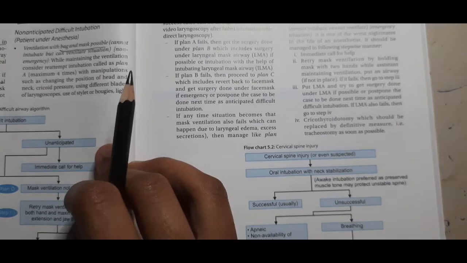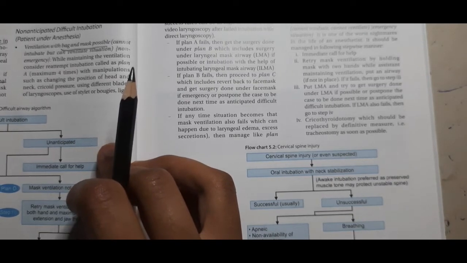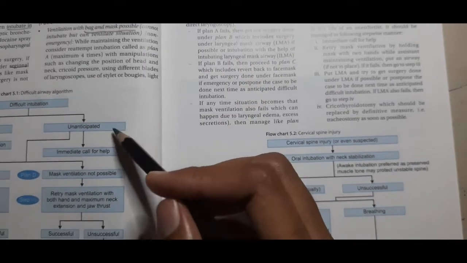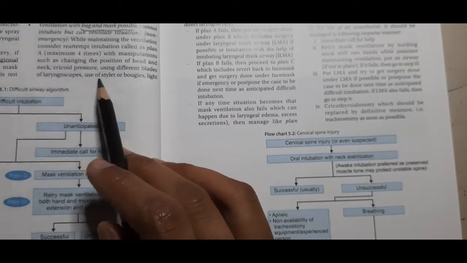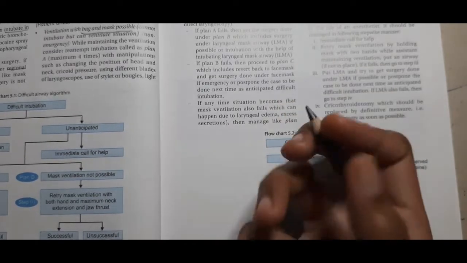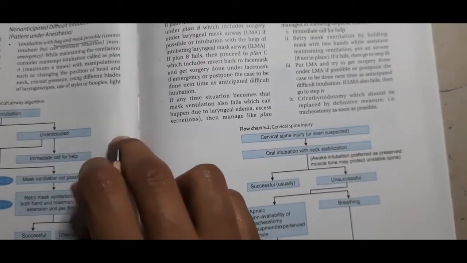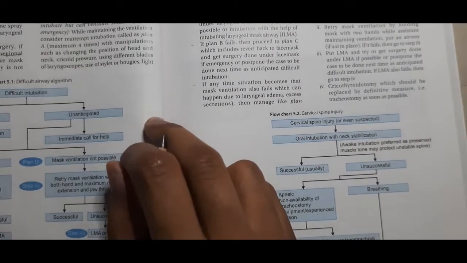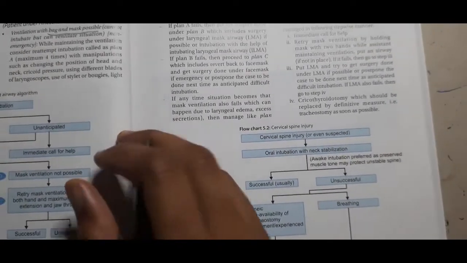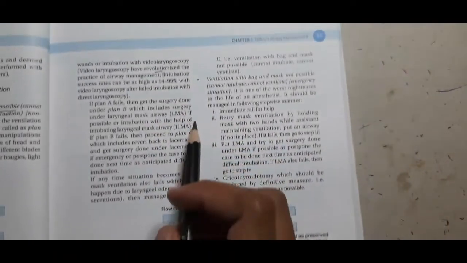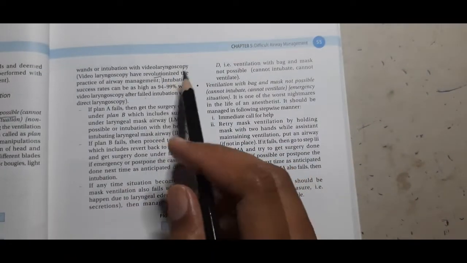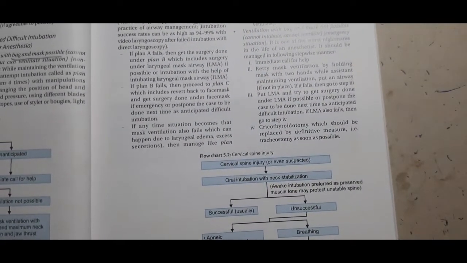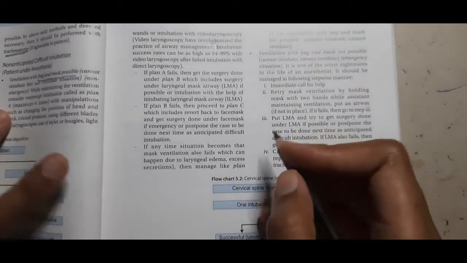You can try intubation a maximum of 4 times, by either changing the position of the head or the neck, or giving cricoid pressure, or using different sizes and types of blades, and also using a stylet or bougie, or you can use intubation with video laryngoscopes. So these could be the different methods that you can adopt under difficult intubation. So that covers plan A.